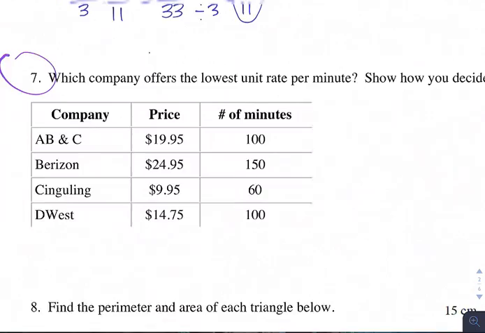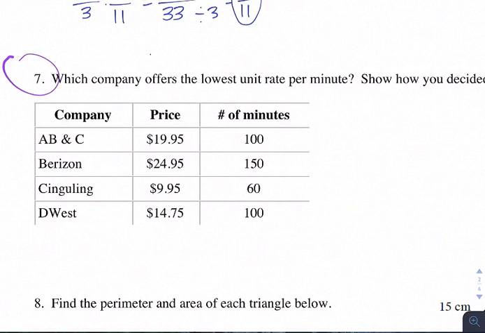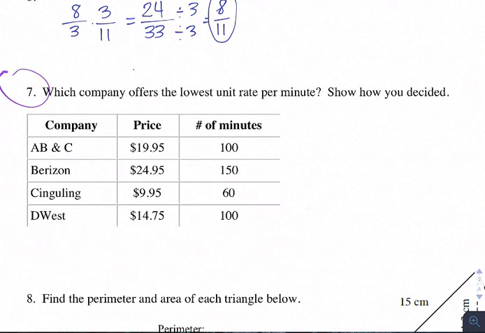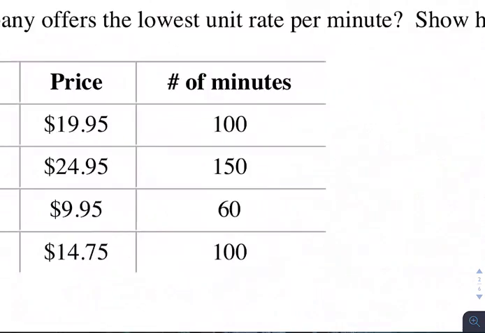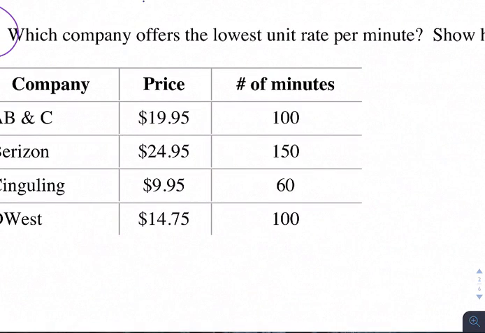All right, this one. Which company offers the lowest unit rate per minute? Show how you decided. Unit rate. We have price and we have number of minutes, so it's going to be price per minute. I'm just going to do the first one and let you guys do the next ones, and then you can figure out which one is the lowest.